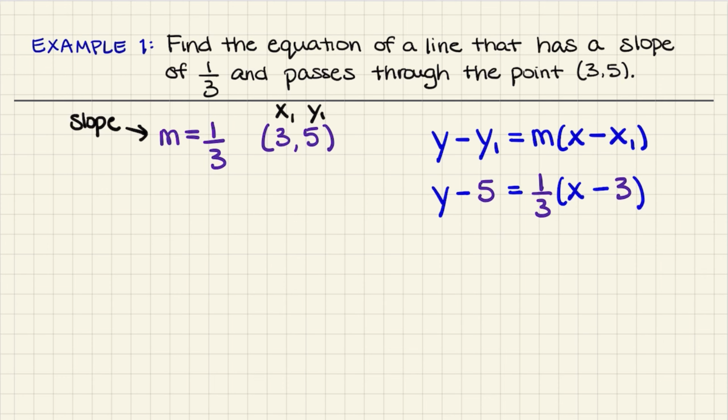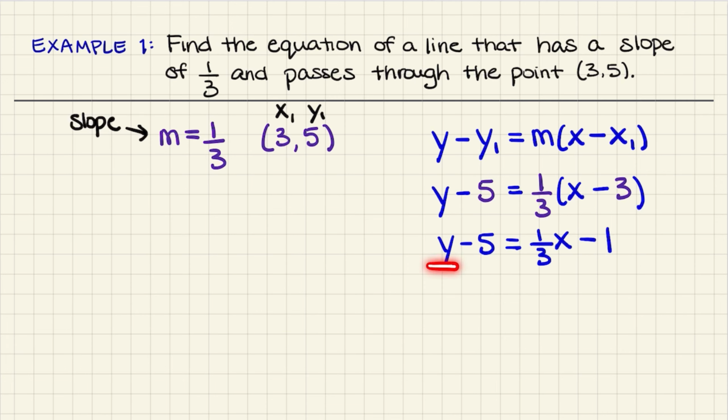Now, in order to get this in slope-intercept form, which is generally what the problems ask for, we need to get y by itself. The first thing we're going to do is distribute the 1/3 to everything in the parentheses. So we'll have y minus 5 equals 1/3 x minus 1/3 times 3 is 1.